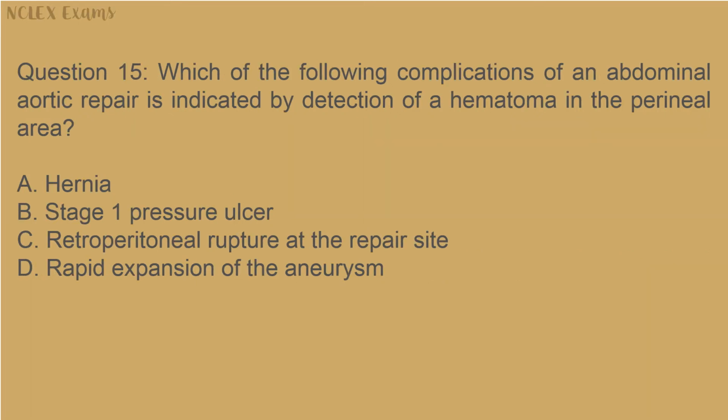Question 15. Which of the following complications of an abdominal aortic repair is indicated by detection of a hematoma in the perineal area? A. Hernia. B. Stage 1 pressure ulcer. C. Retroperitoneal rupture at the repair site. D. Rapid expansion of the aneurysm.